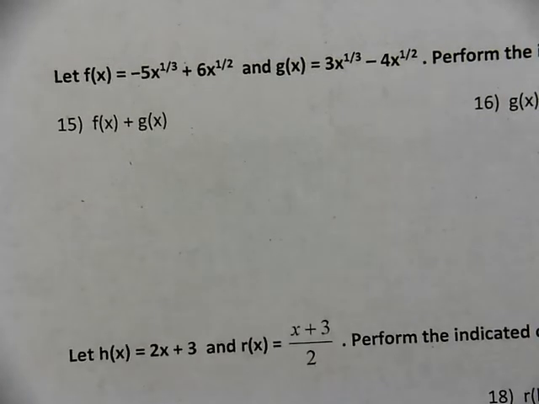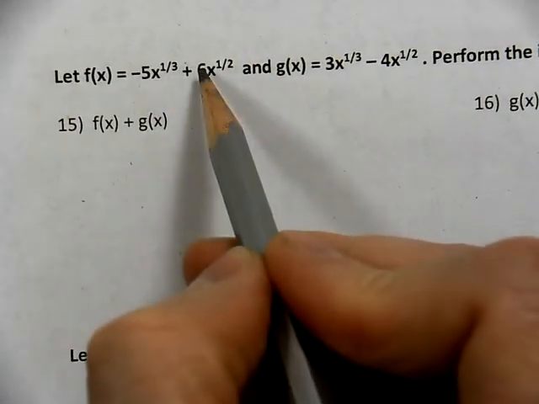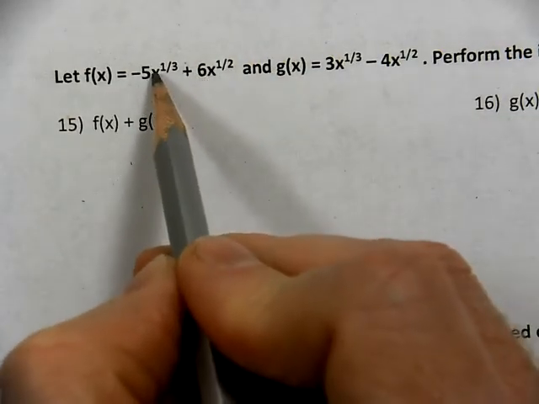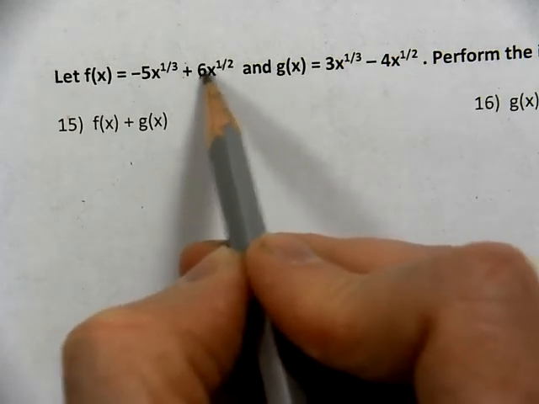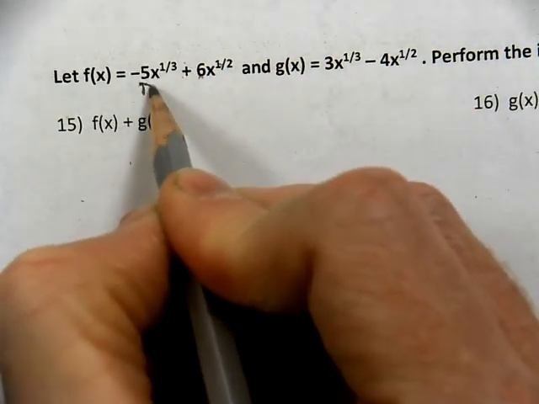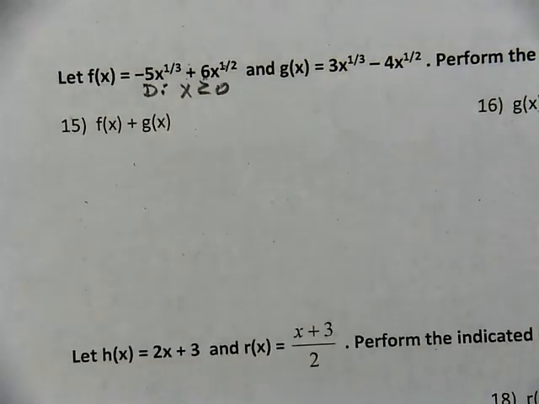Okay, let's look at these. Let's think about the domains for these also. The domain for here, all real numbers plus non-negative numbers gives you a domain that would just be non-negative.